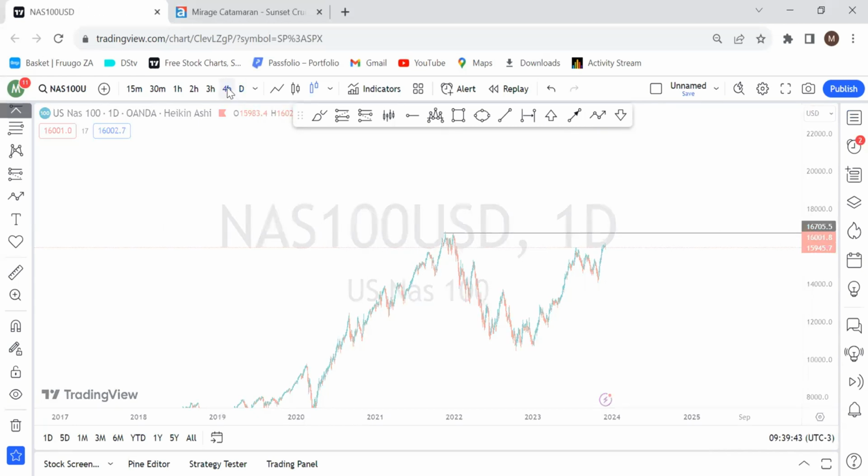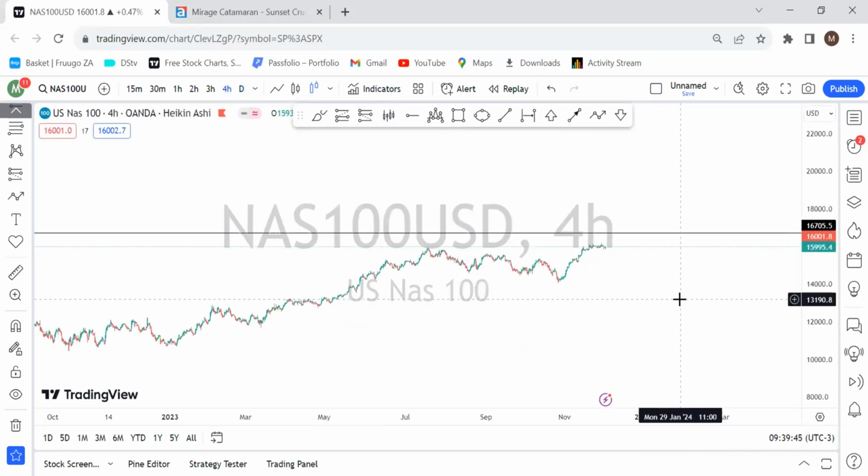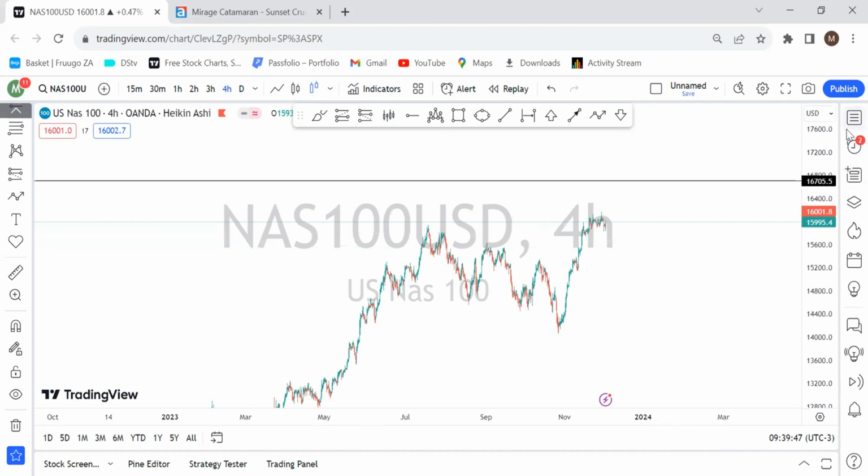So let's scale down to the 4-hour time frame and see what structures we have currently.